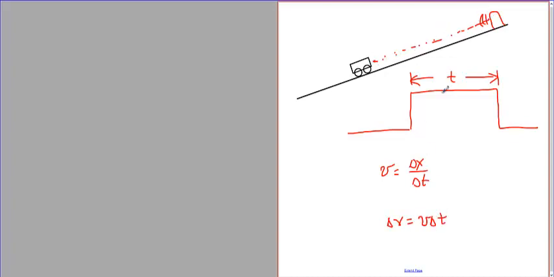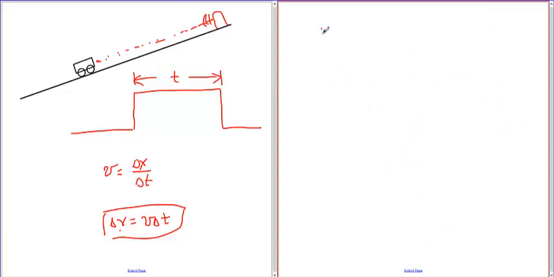This t here, they'd actually divide by 2 because this is counting the distance twice, the sound going to the cart and back again. So they'd take half the time, multiply by the speed of sound, and they would get a distance. So what this motion sensor is doing is measuring position as a function of time.